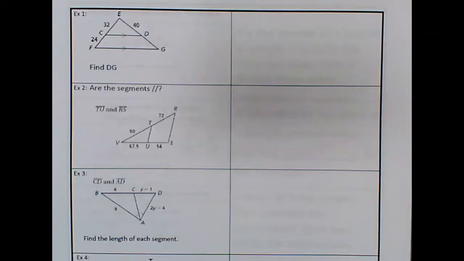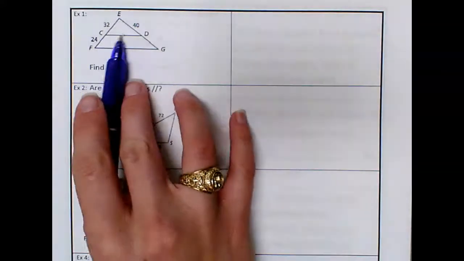So in my 4 examples, if I'm trying to answer the questions, I can use either the triangle proportionality theorem, which starts out with 2 parallel lines. I could use the converse of the triangle proportionality theorem, which gives me proportional sides. I can use the transversal proportionality theorem, which has to have at least 3 parallel lines and 2 transversals.